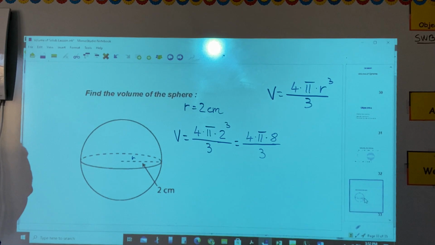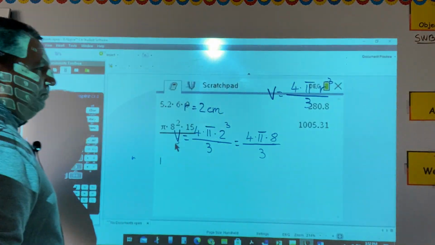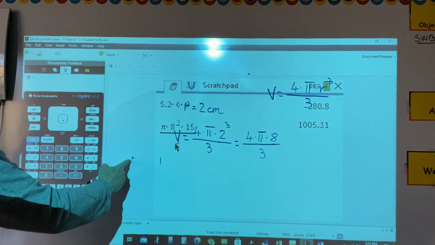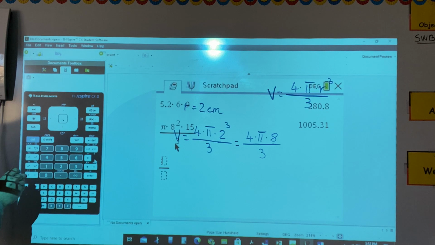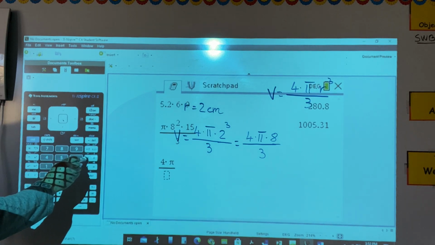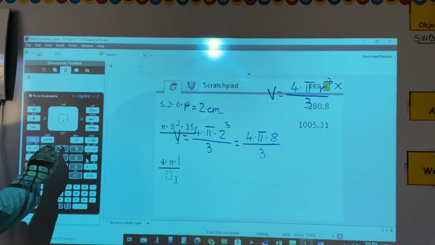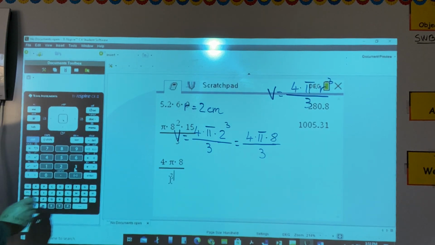Now, let's find how much is this fraction. Again, we press Control, divide. On top is 4 times pi times 8, divided by 3.